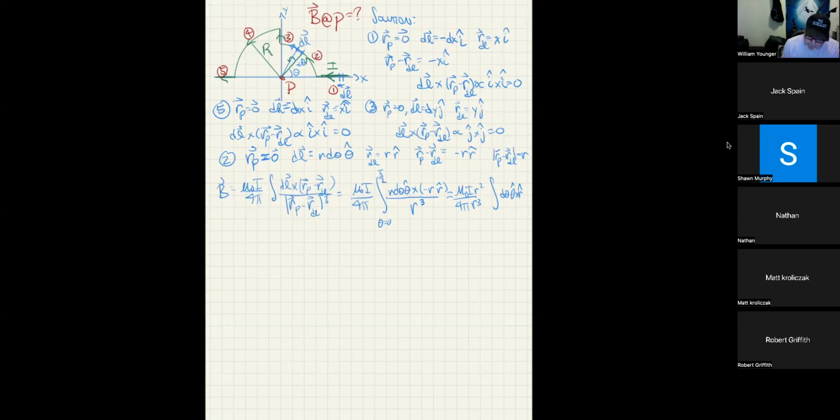So I'm now going to write that this is negative mu 0 I over 4 pi r k hat integral d theta from 0 to pi over 2, which actually just gives me negative mu 0 I over 8 r k hat.